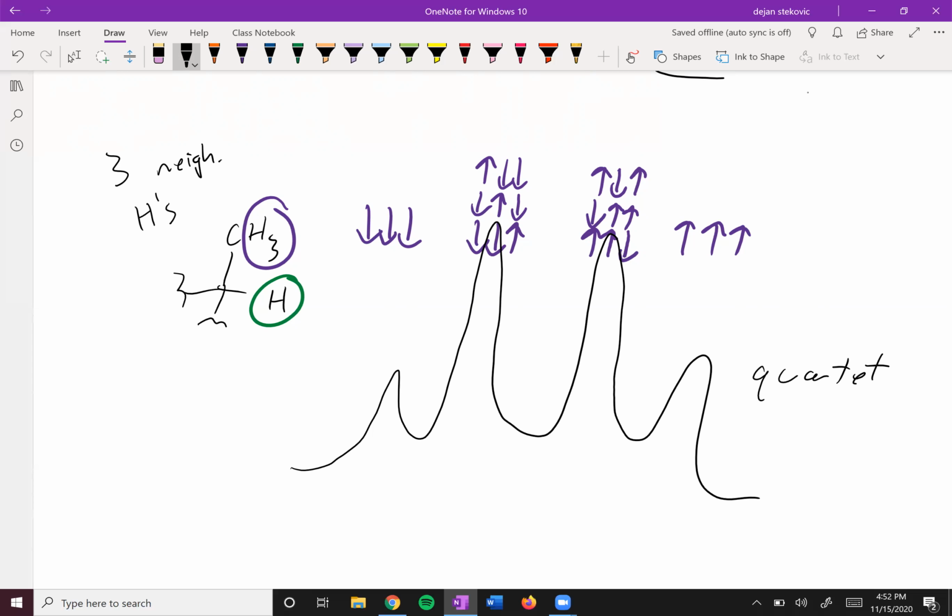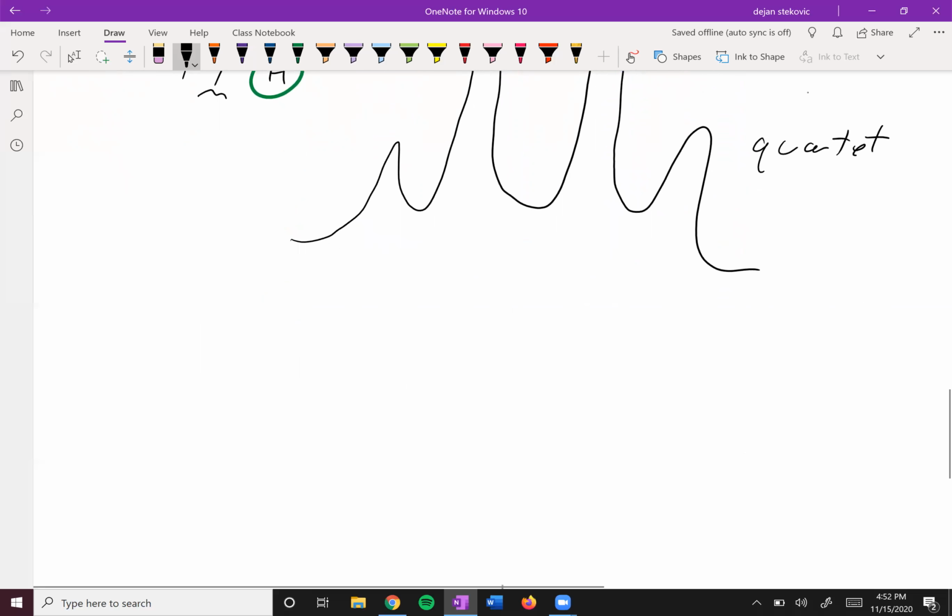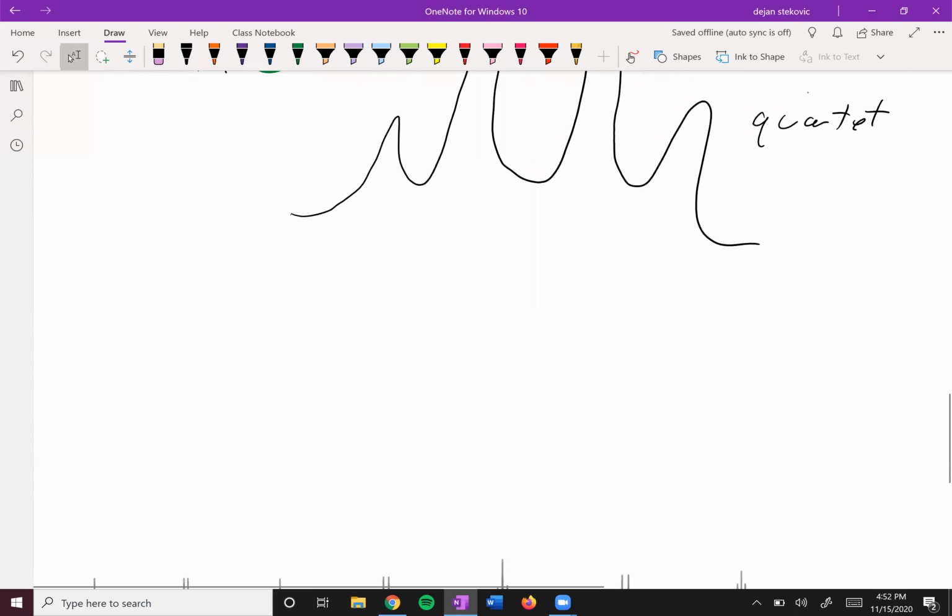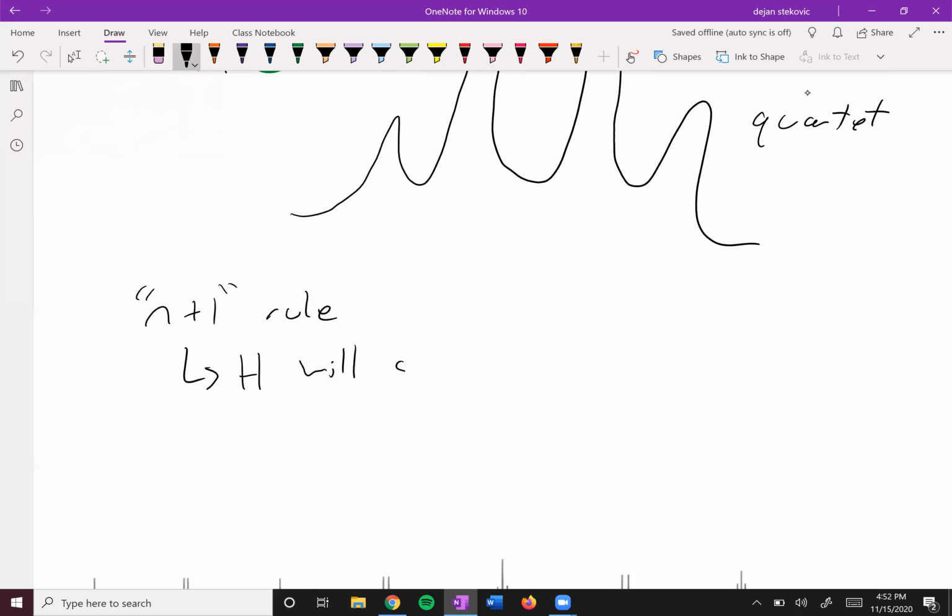And so you can see, depending on the splitting of our compounds, we'll get information about how many surrounding hydrogens we have. And so this is what's known as the N+1 rule. What this says is that the hydrogen will split into N+1 peaks, where N is the number of neighboring hydrogens.